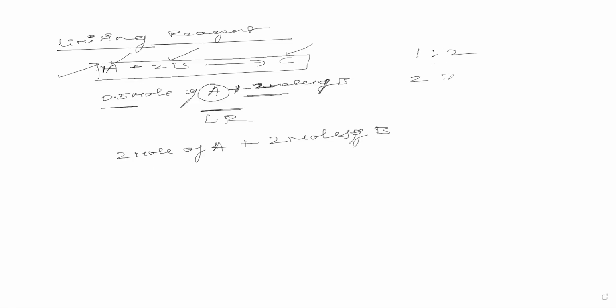Here 2 moles of A present means here B should be 4, but here only 2 is present. So B is the limiting reagent. One of the reactants is less in quantity, gets consumed fast, and limits the amount of product. So we call that the limiting reagent.